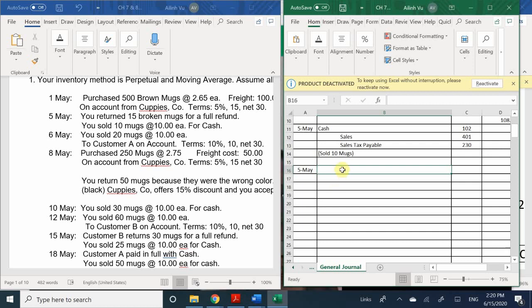Not cash. We sold our items. We already received the cash right here. Not accounts receivable. We're trying to update our inventory. Accounts payable is not correct.